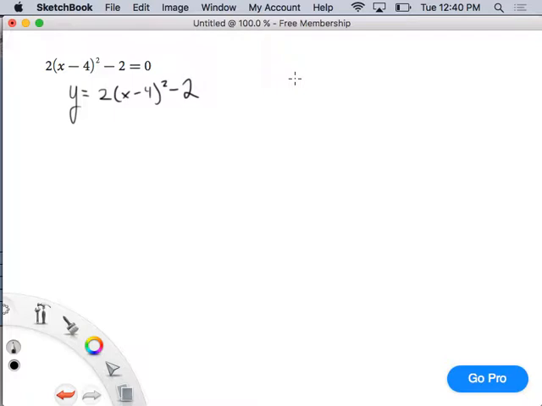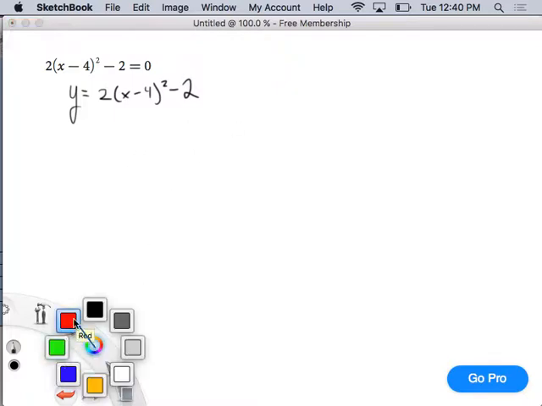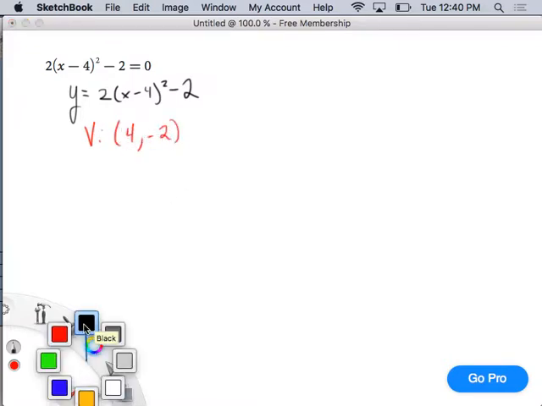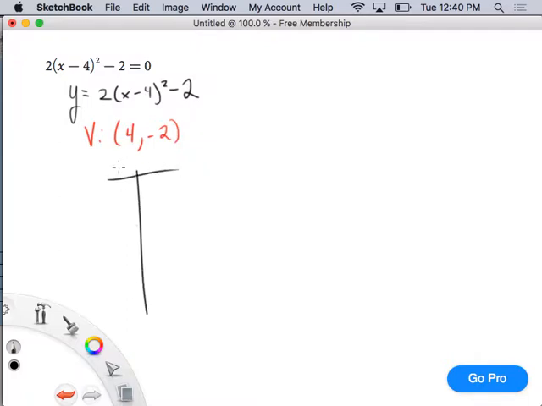Yeah? Okay. So the first place I start with, as always, when I'm graphing a function is the vertex. The vertex is at 4, negative 2. And then create my x, f of x table. Here's my vertex at 4, negative 2. I go down 1, 2, up 1, 2, and I plug in.